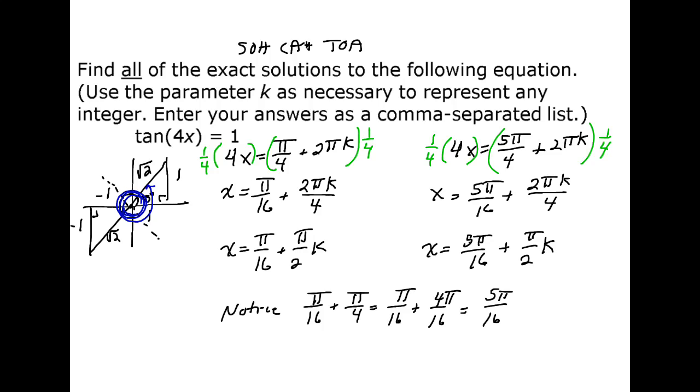So we can describe all of these answers more succinctly if we just say x equals pi over 16 plus pi over 4 times k, and that will describe both sets of infinite answers combined into one description.